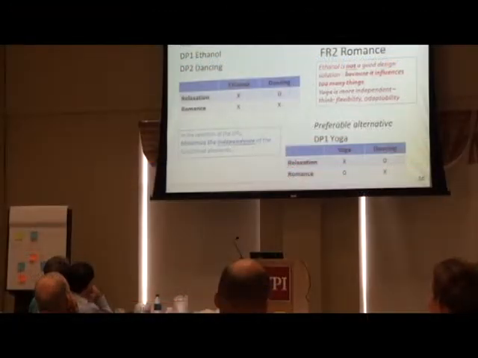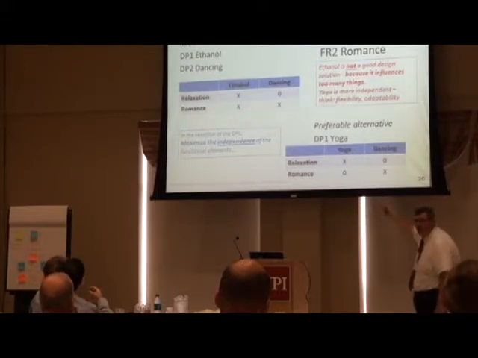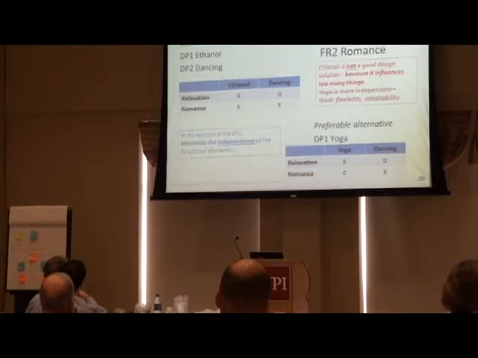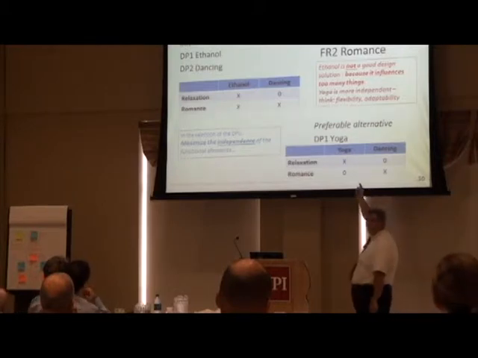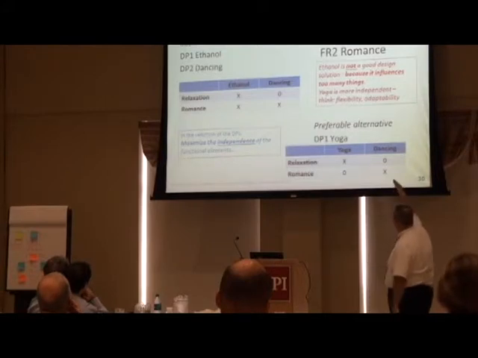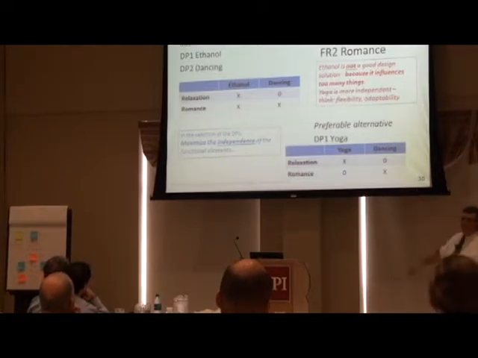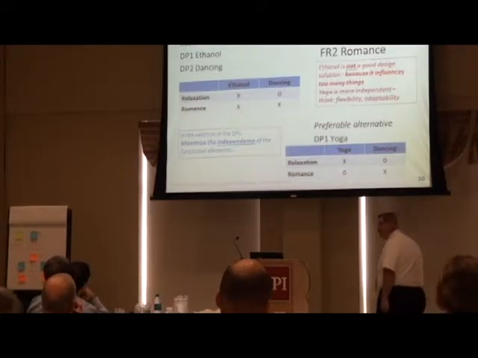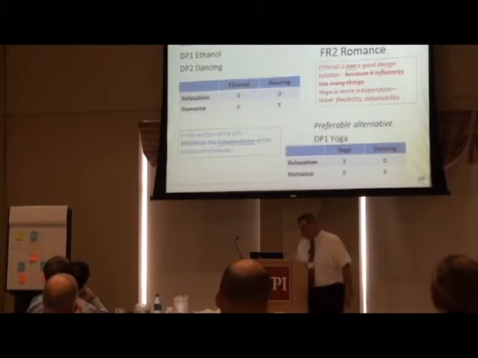And for the romance, get a little dancing, but the ethanol actually impacts the dancing, probably not in a good way if there's been too much ethanol. And so we might need to have a new DP to satisfy that FR. So we will substitute yoga, and we'll get the romance independently through the dancing, and the yoga will give us the relaxation, and have a better vacation for it.